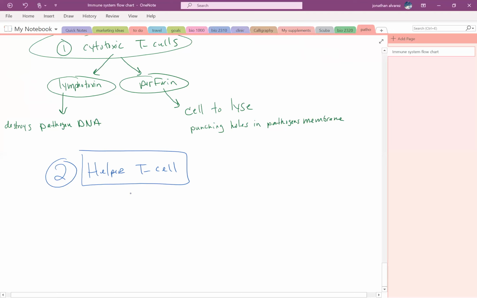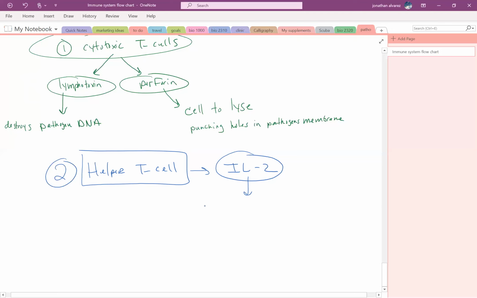Okay, the helper T cell releases interleukin number 2, so IL number 2. Remember, we have about 35 of these. So interleukin number 2, that is what stimulates the cell division of the T cells and the B cells.